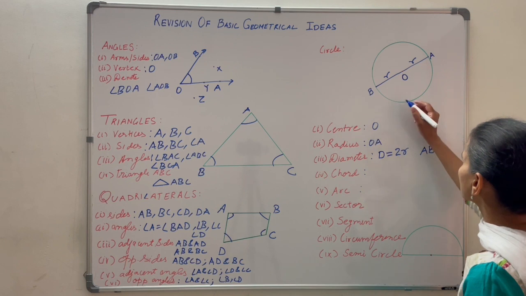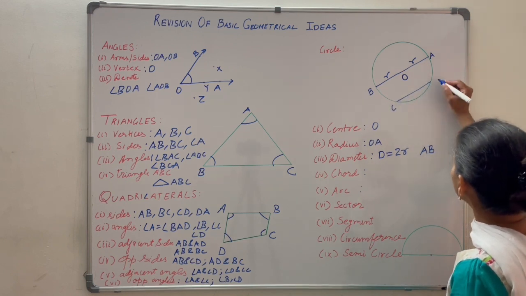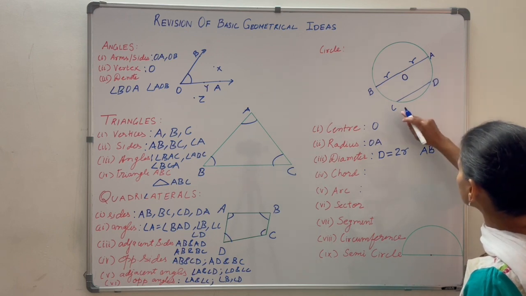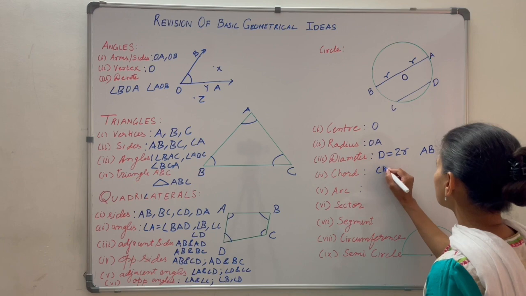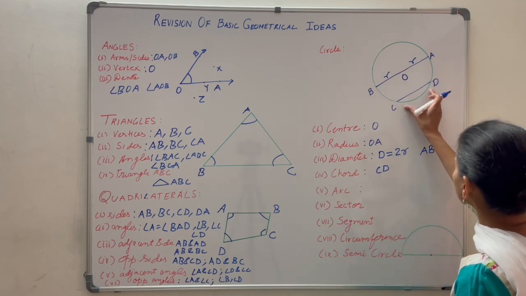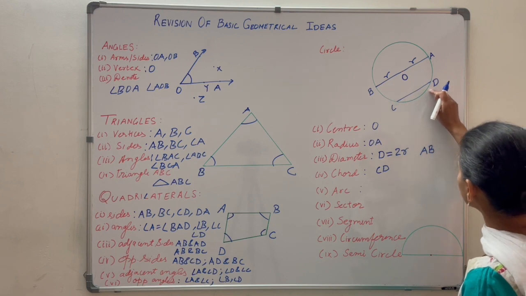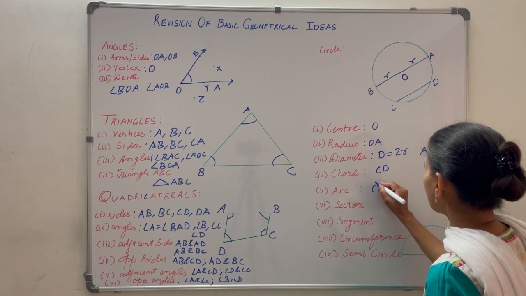Chord. Chord is a line segment that connects any 2 points on the circle. Here C and D are on the circle. So CD is the chord. Arc. A portion of the circle is called an arc. This is called an arc. You can write the arc as arc CD.